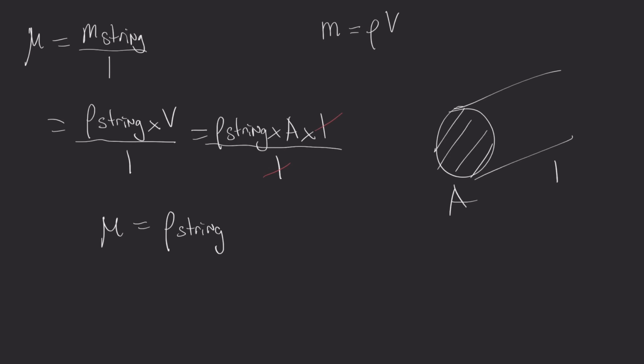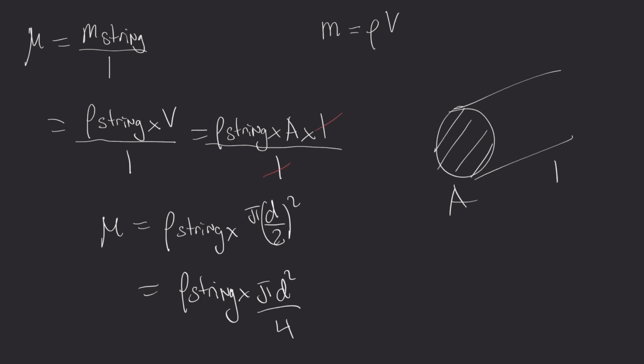It's typically circular, but obviously do watch out what the question actually says. So this is given by pi (d over 2) squared, leading to the density of the string multiplied by pi d squared, divided by 4. And this is something that I've seen quite a lot in AQA questions.